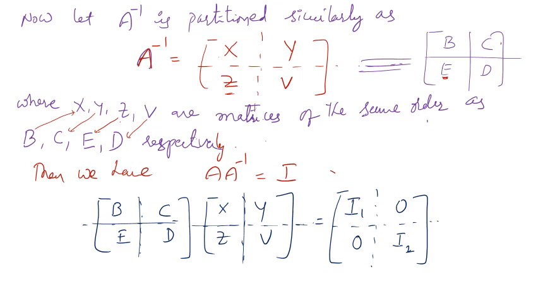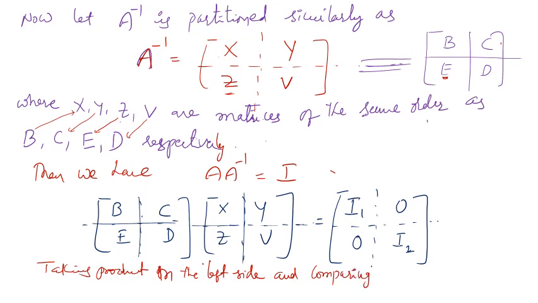Now taking the product on the left side and comparing on both sides, what we get, and this is very very important, is B into X plus C into Z equal to I1.